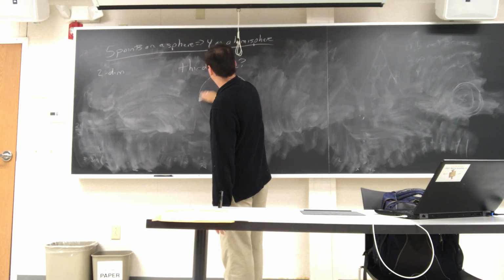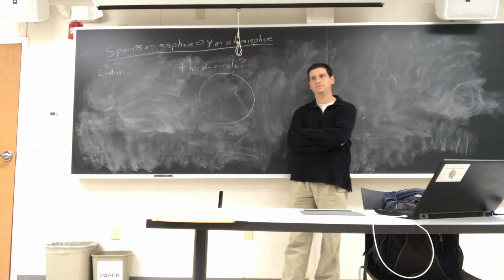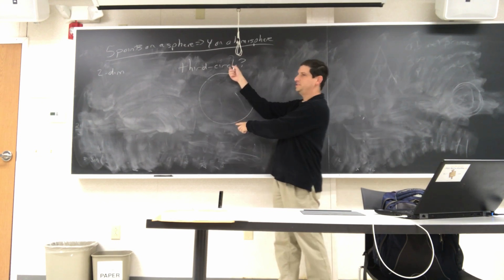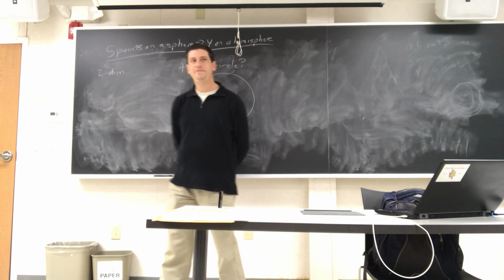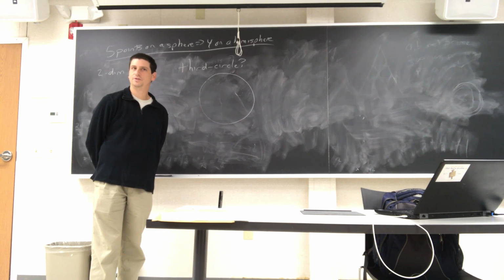So, how many points do you think you need to have two? Okay, we all agree that 2 points is not enough because they can just be diametrically opposite. If you have 3 points, do you have to have 2 points on a third circle?